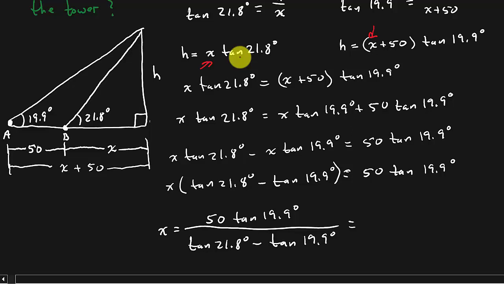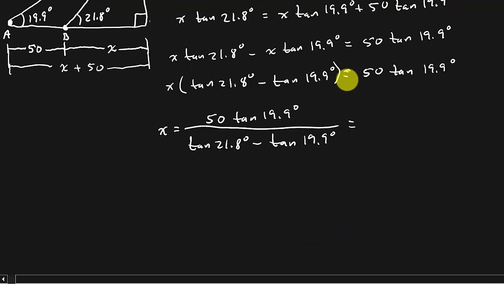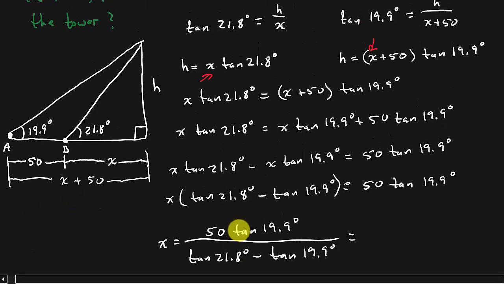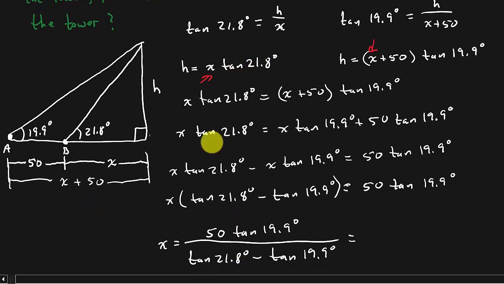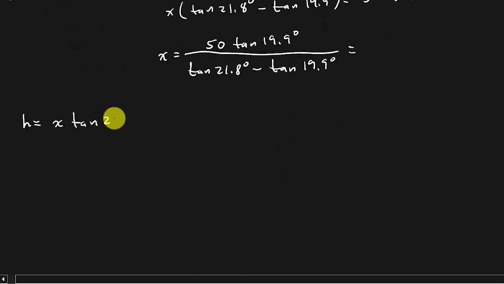And then you just do whatever you got here times tangent 21.8, and that'll give you your answer. Okay, but I think what I'm going to do here is I'm just going to plug this whole thing in for X into this one. So I'm going to get H is equal to, let's write this down, X times tangent of 21.8 degrees.